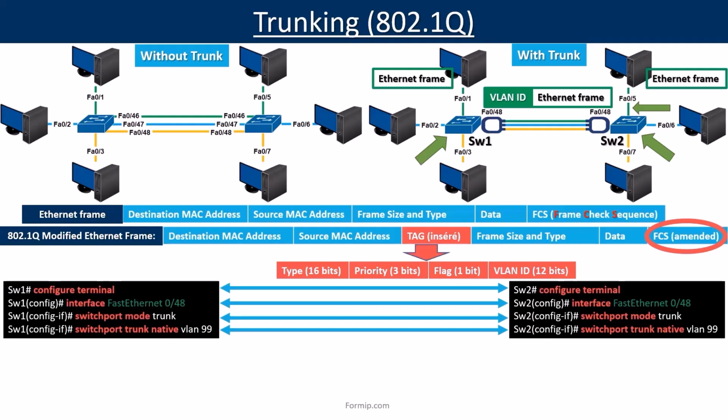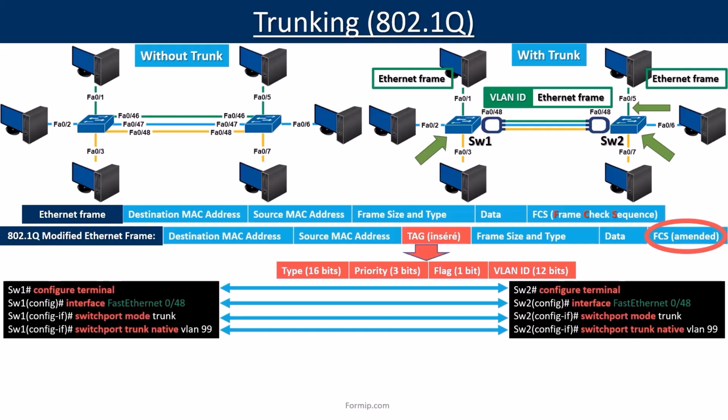This is where the native VLAN comes in. This is the VLAN in which the untagged frames are conveyed. So if a switch receives on a trunk interface a standard Ethernet frame, which is not modified, it will place it in this native VLAN. It's kind of like a default VLAN.